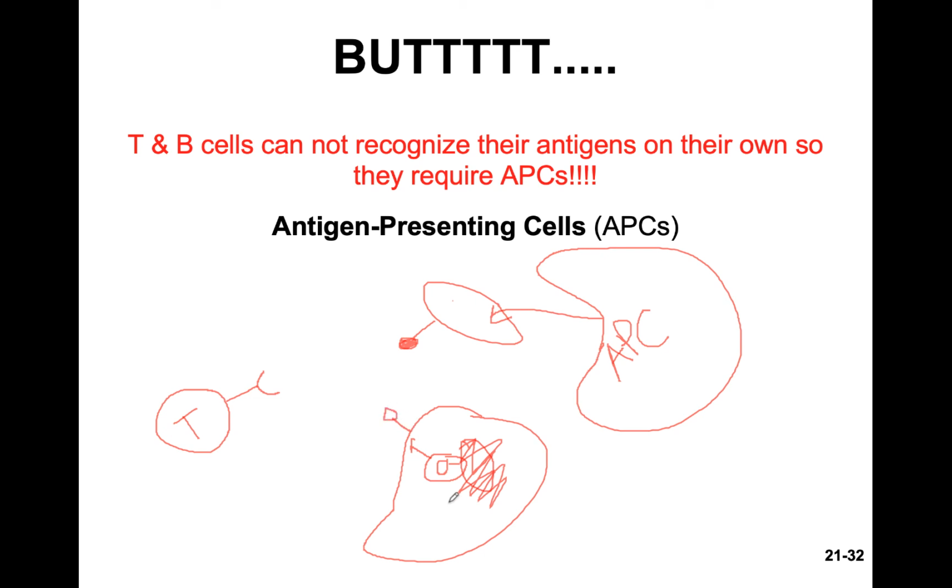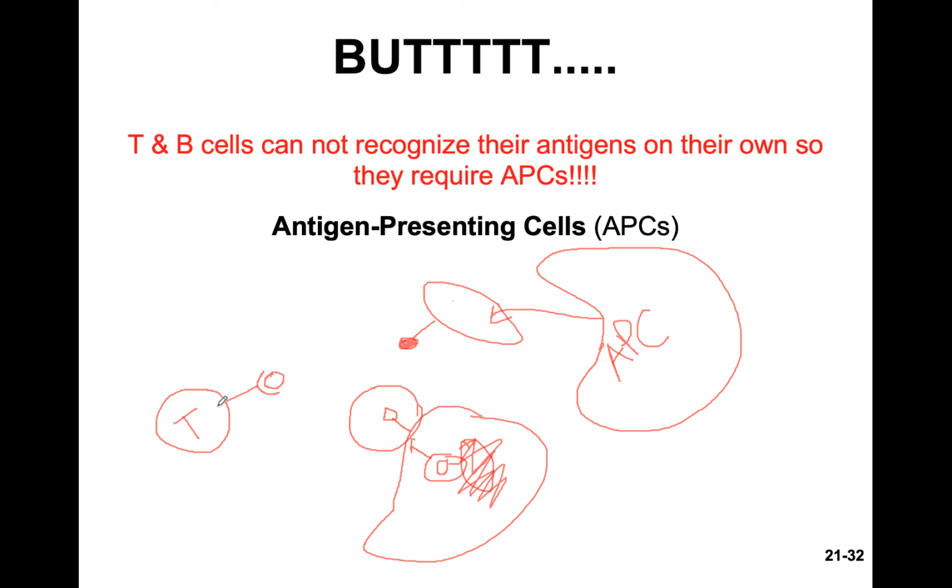This APC goes around your entire body presenting this antigen, saying, hey guys, look what I have. This is an antigen that doesn't belong to us. And this APC goes to the T cell and allows the T cell to bind to the antigen to actually look at it.